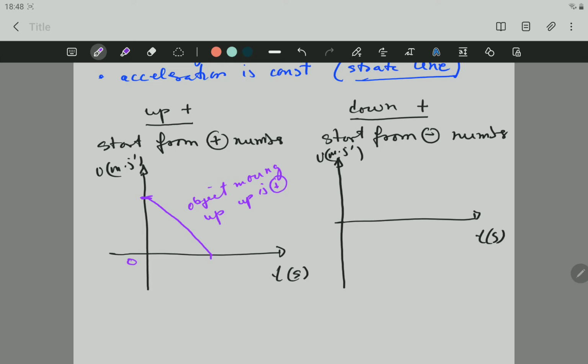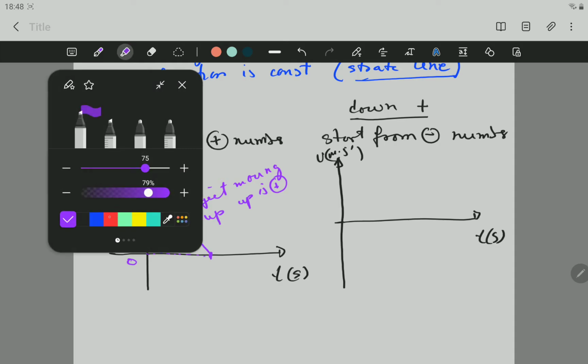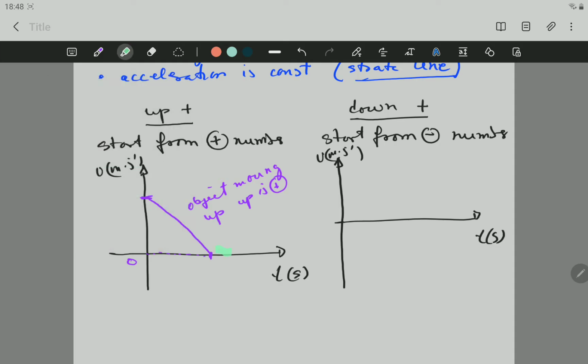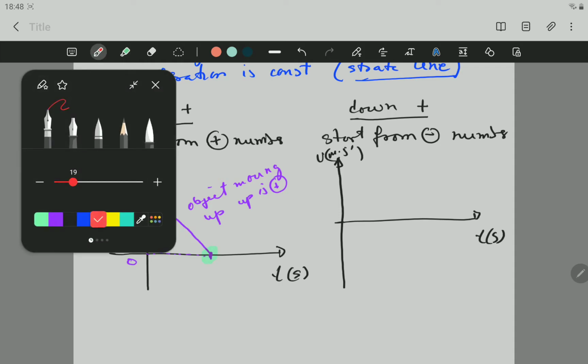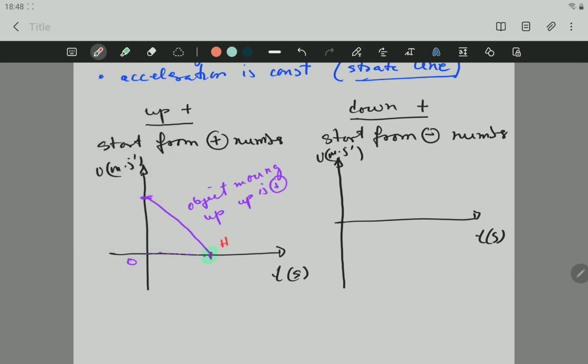Here, it just arrives at the x-axis, which is equal to 0. Therefore, at that specific point, the object is at the maximum height.